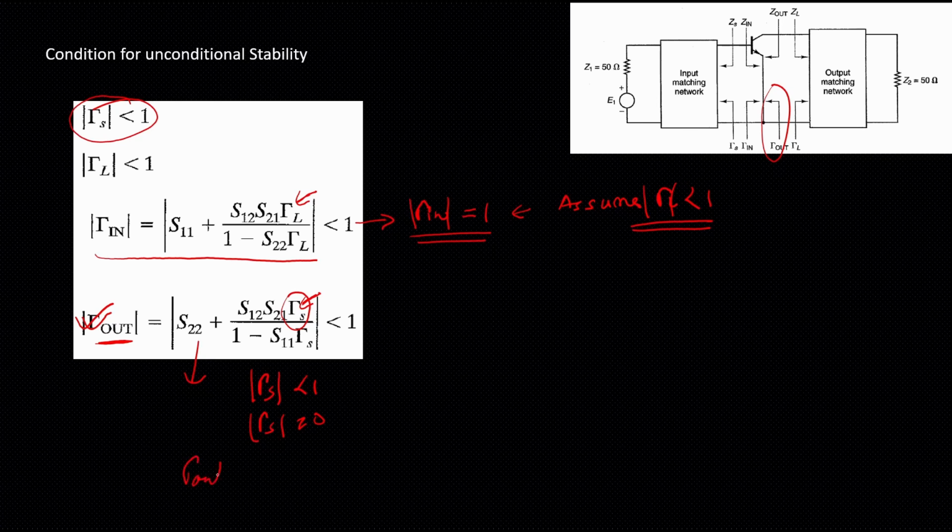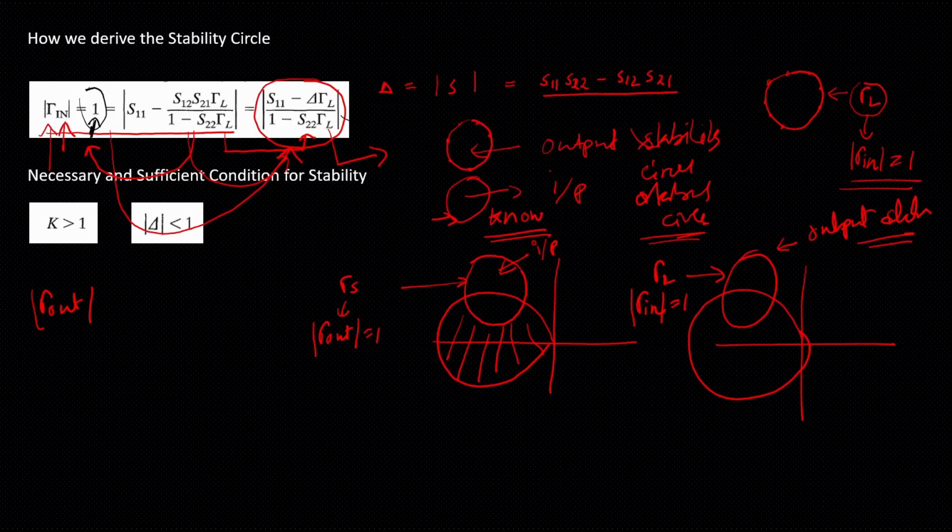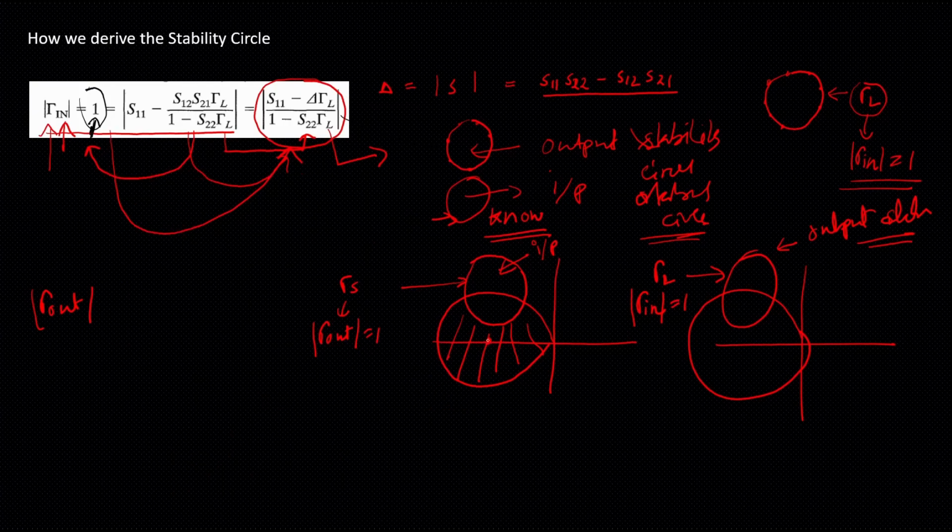So that will bring me gamma out equal to S22. And if from my question, my S22 is less than 1 and my gamma S equal to 0, gamma S equal to 0 implies that we are at the origin.